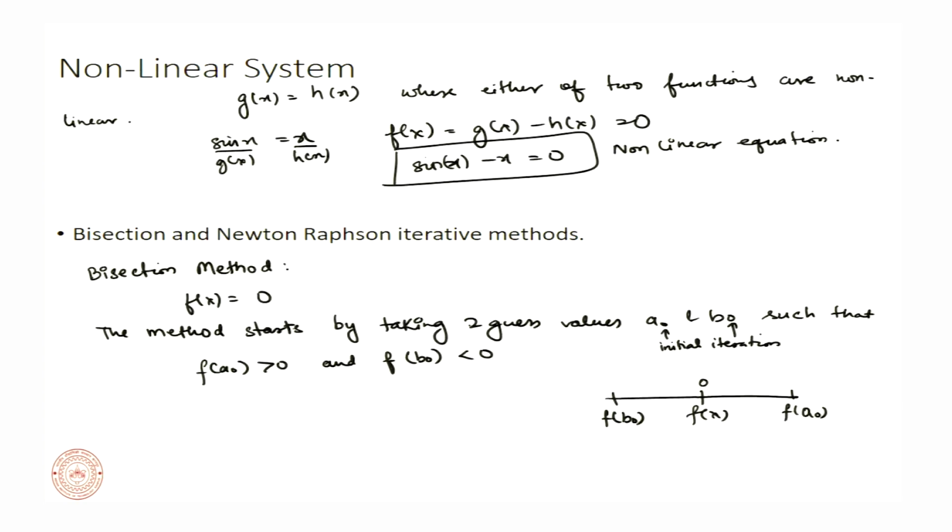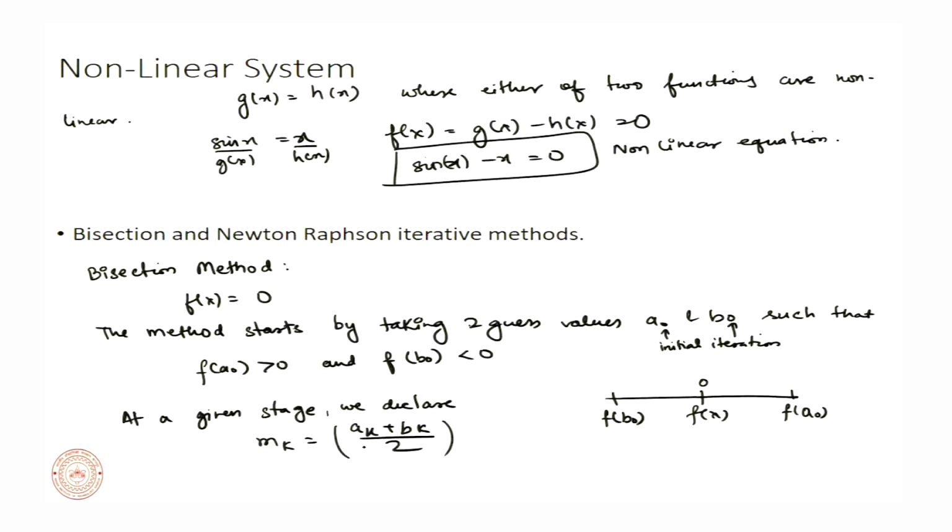Now what the method does is at a given stage, we declare m of k as the average of a of k and b of k divided by 2, where k is the kth iteration. So for the first iteration, m0 will be a0 plus b0 by 2, and so on. In this way this will proceed.